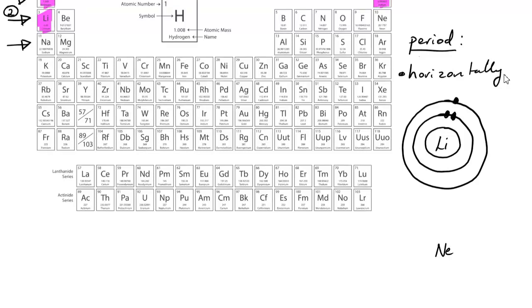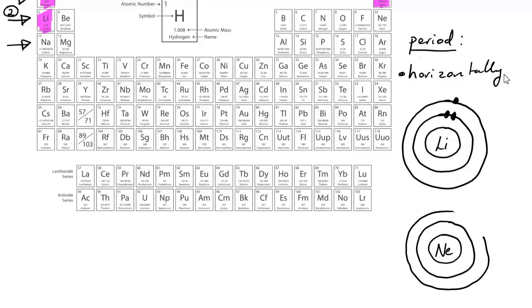So neon, Ne, that's my nucleus, and then I also draw out 2 electron shells, 1, 2. But neon is further along than lithium. Lithium is right here. With neon, you still have to fill in and bring more electrons into the shell.